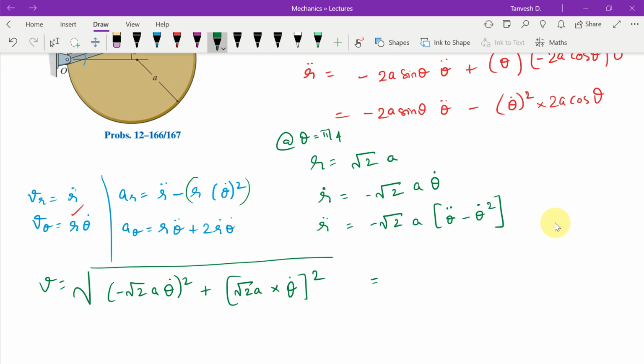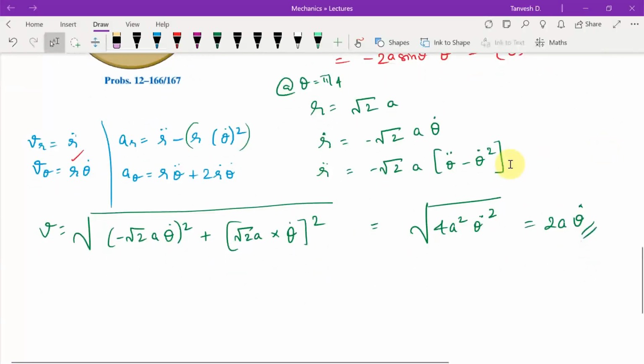So you would get 2a square theta dot square plus 2a square theta dot square, right? So this would be like 2 times 2a square theta dot square, which is like 4a square theta dot square, which will be 2a theta dot. So this is your final velocity, the magnitude of the velocity.